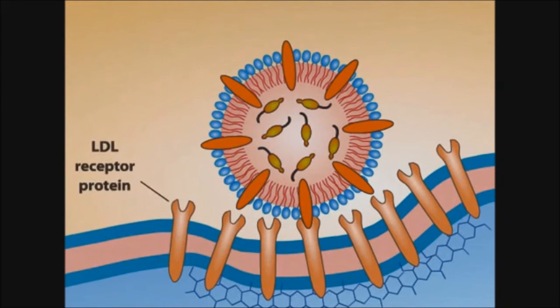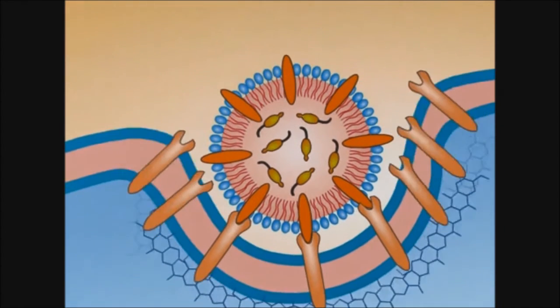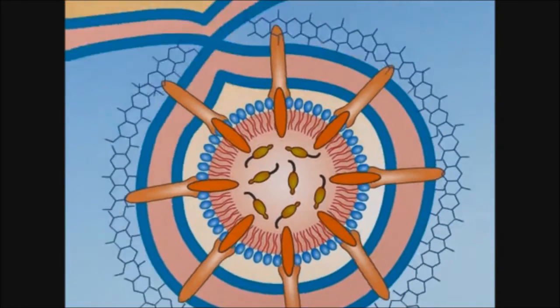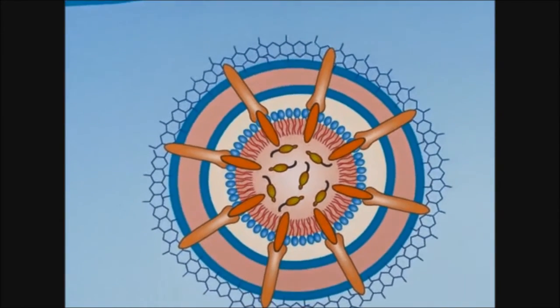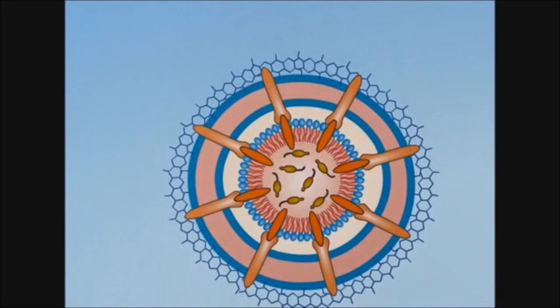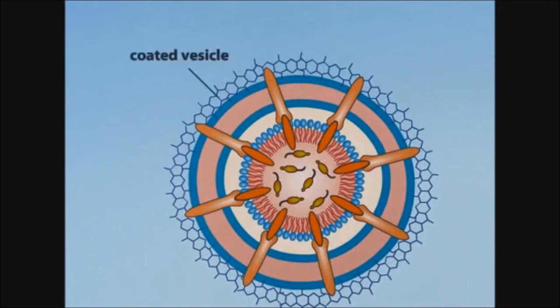The pit is reinforced by a lattice-like network of proteins called clathrin. Additional clathrin molecules then add to the lattice, which eventually pinches off a part of the membrane. This internalized vesicle is referred to as a coated vesicle.